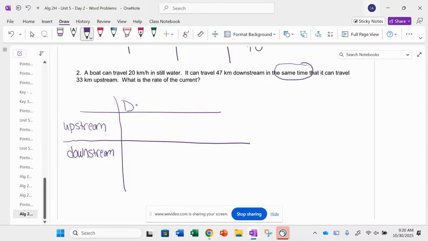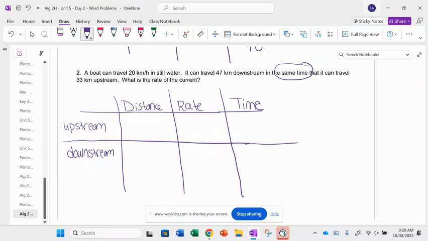And we're going to have our distance, our rate, and our time. A boat can travel 20 kilometers per hour in still water.